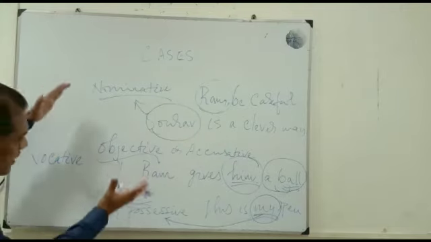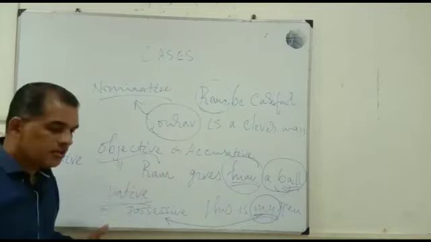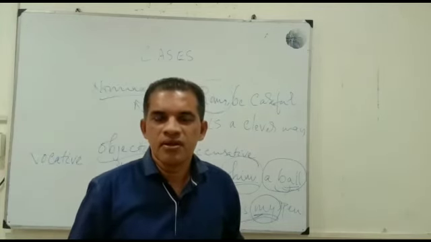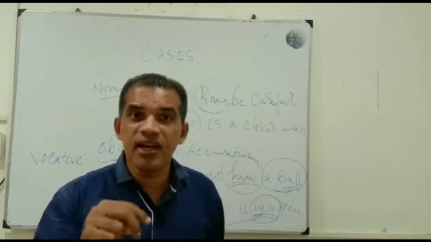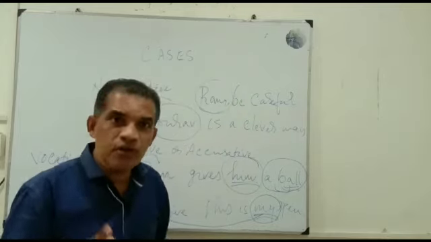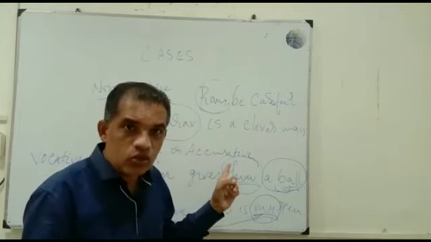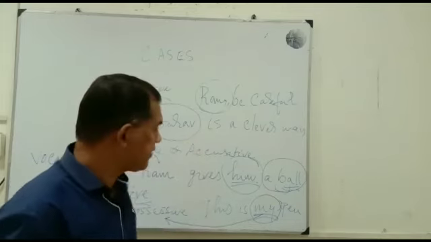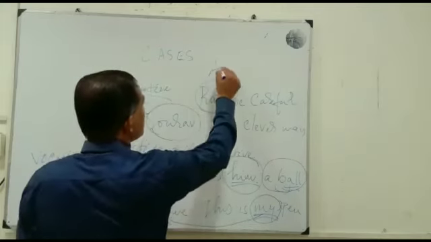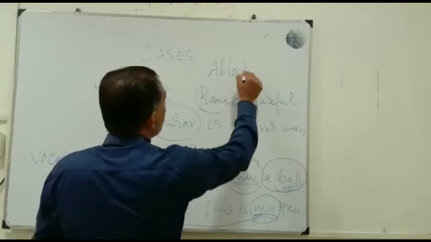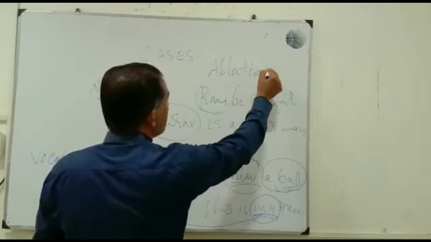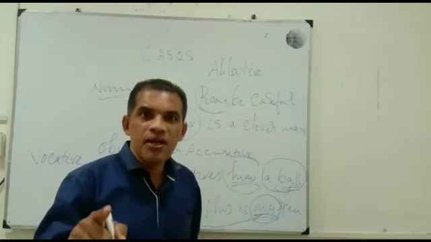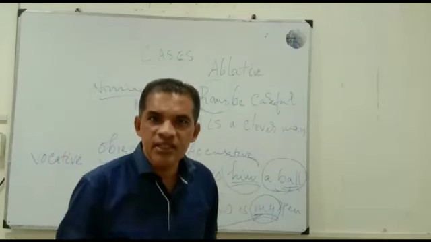Now, apart from these 5 cases, there is one more case we find in Latin language, and very often we use that case also here in English, and that is called ablative case. Ablative case is used in English grammar to express the instrumentality.